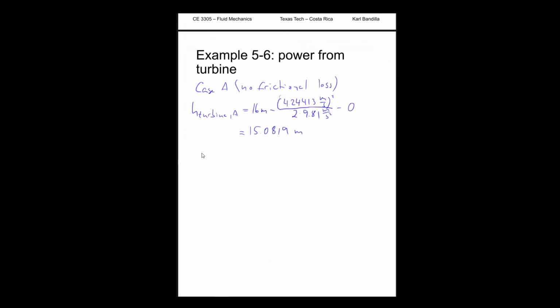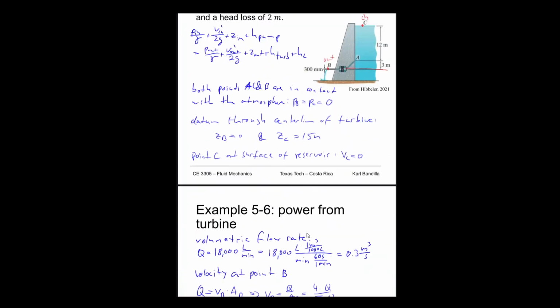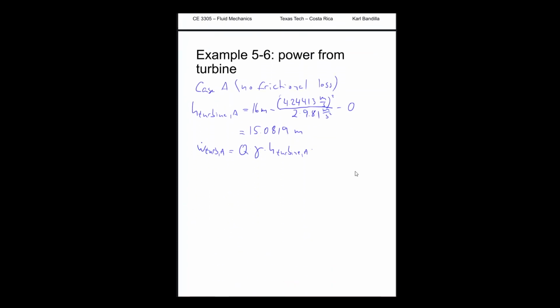Now if we want to get the power of the turbine, then we can say W dot turb A, make it a little shorter. That, of course, is Q times gamma times H turbine A. And let's not forget, it said that we have an efficiency of 75%. So we have to multiply this by 0.75. Right? That means we get less power out than the water actually delivers.